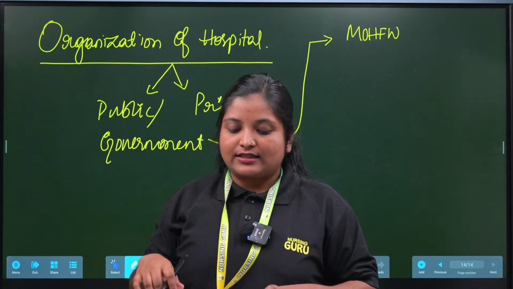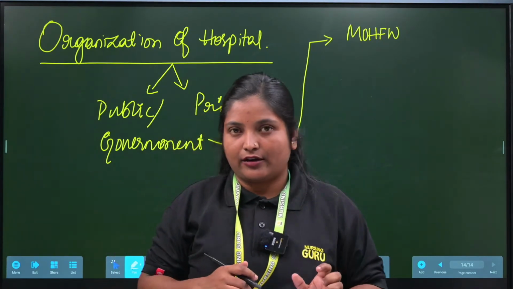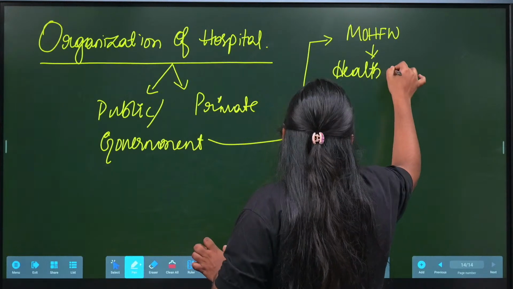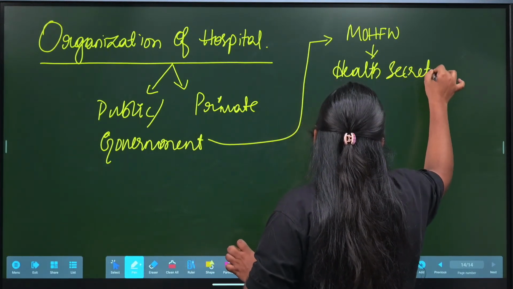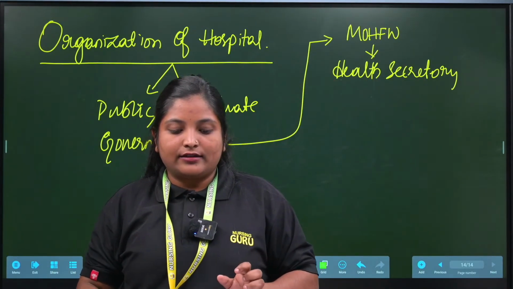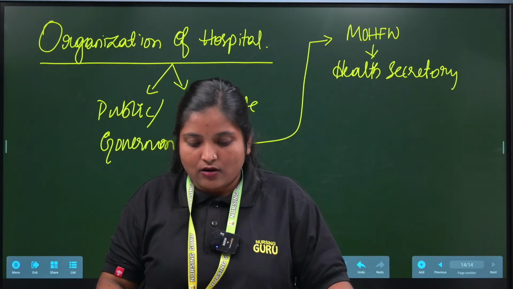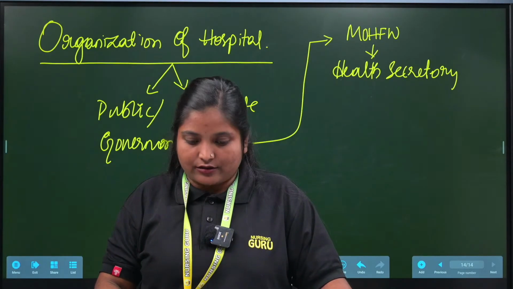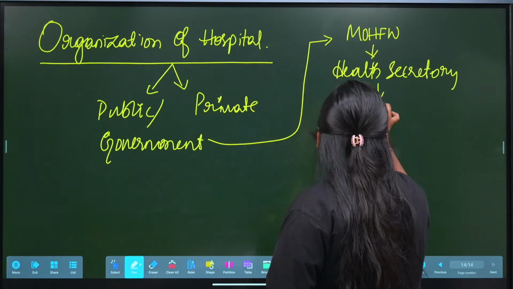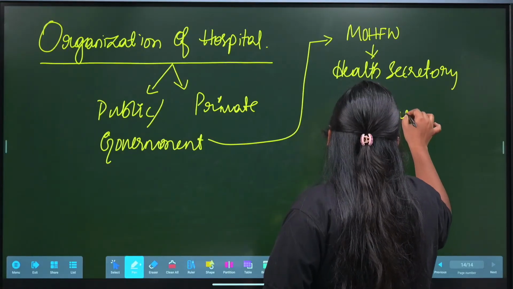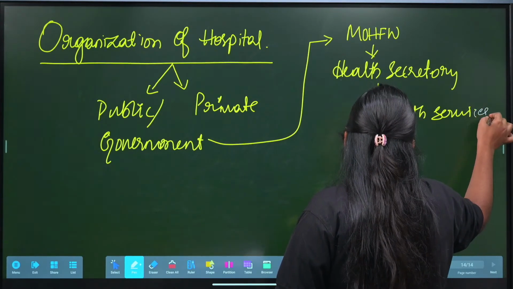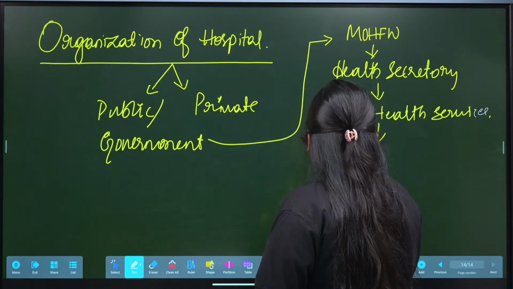The next one is the Secretary to Health and Family Welfare, the Health Secretary. After this, the next is District Health Services or District Medical Education, and the District Medical Officer. Under District Health Services comes the District Health Officer.